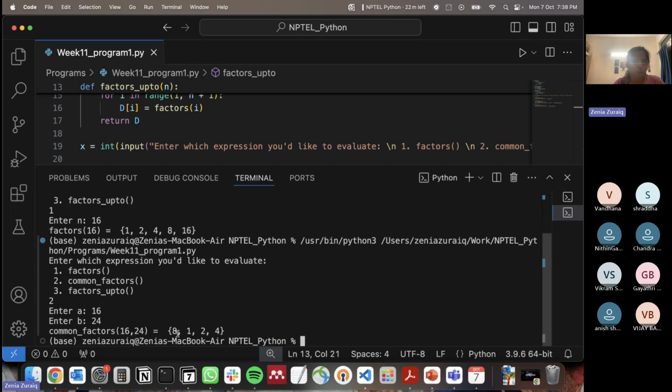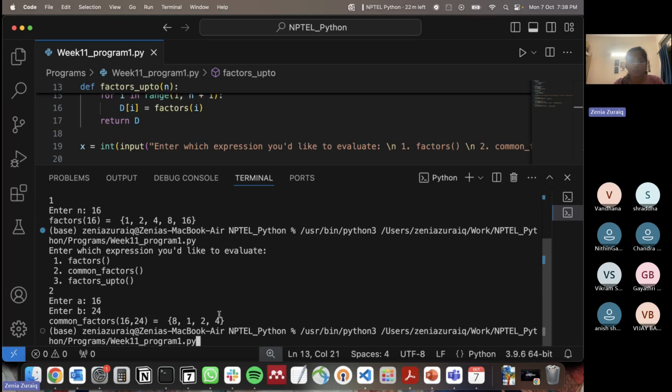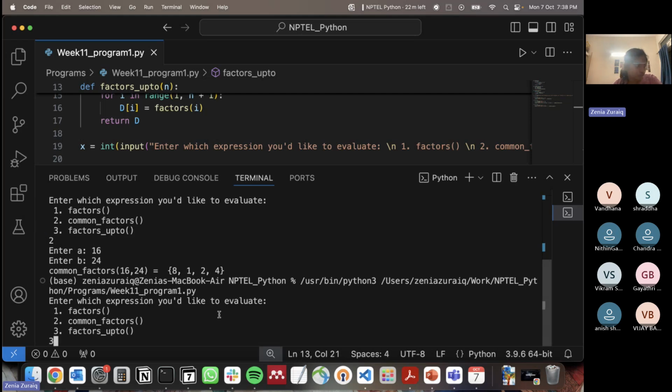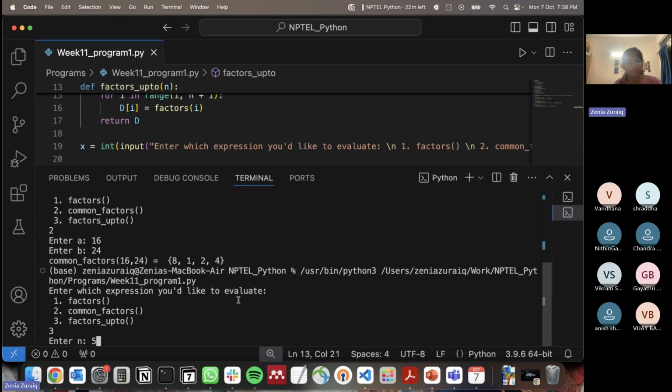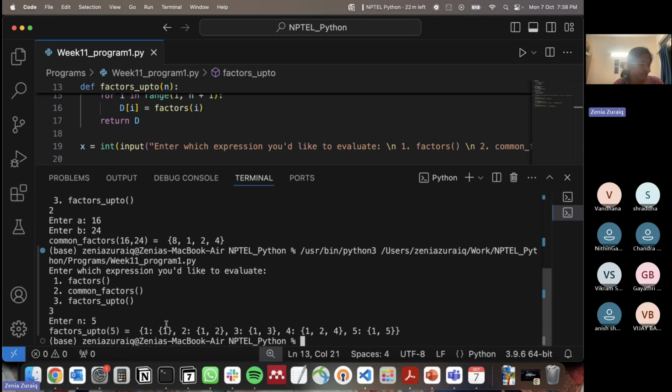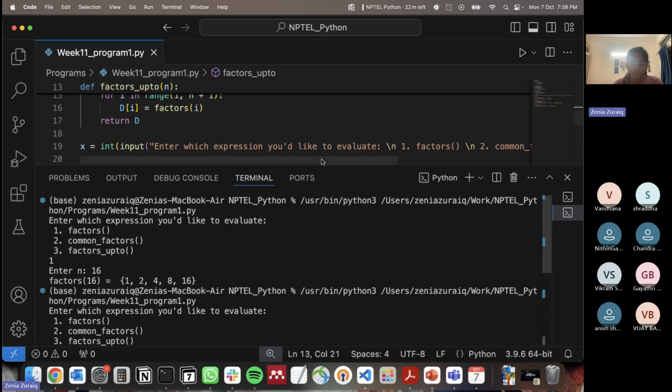Then you can see that the common factors are 8, 1, of course, 2, and 4, which are all the common factors of 16 and 24, right? And finally, if I want to do factors up to, and if I enter say 5, then you can see that for 1 it's 1, for 2 it's 1 and 2, for 3 it's 1 and 3, for 4 it's 1, 2 and 4, 5 it's 1 and 5. So this is how the expressions work. Okay, so you can see that all of the functions work properly.